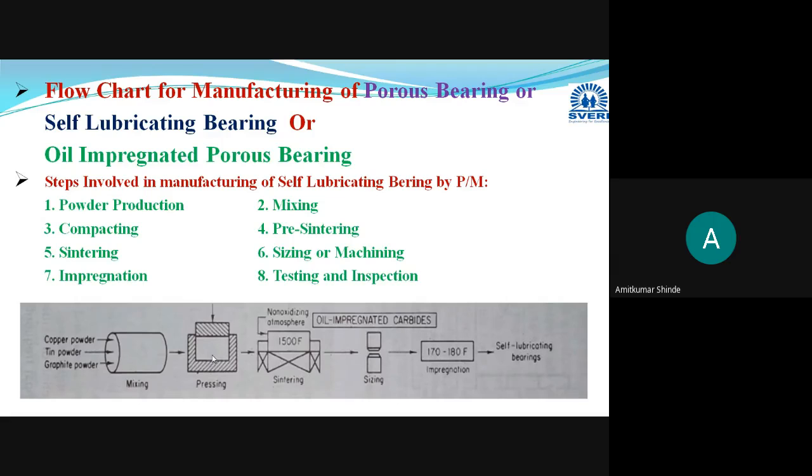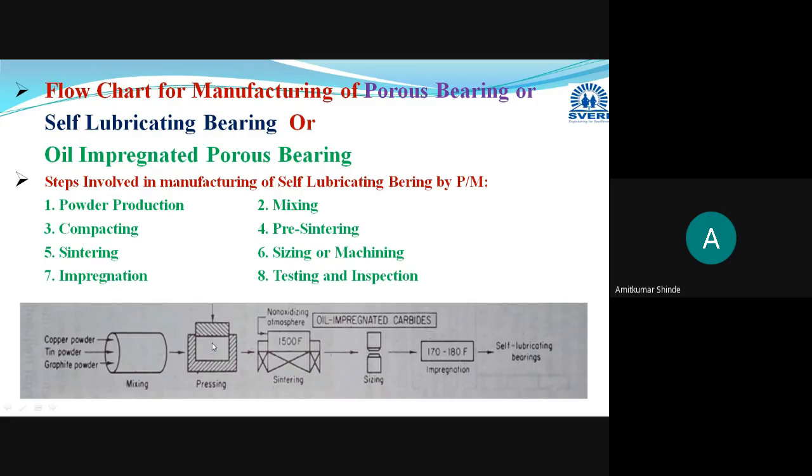The pressure used for compacting self-lubricating bearings is in the range of 20 to 50 kg per millimeter square. You have to mention that here. This amount of pressure is used to get sufficient pressing. After that the component is ejected by raising the lower plunger, and a green compact is obtained, or simply a compact.